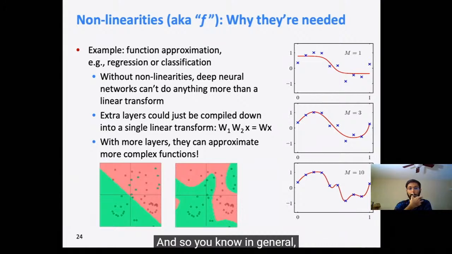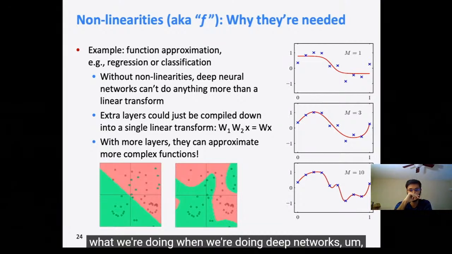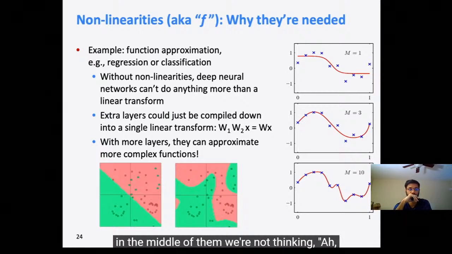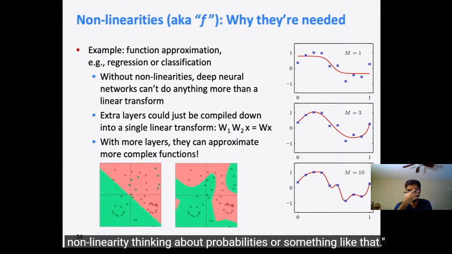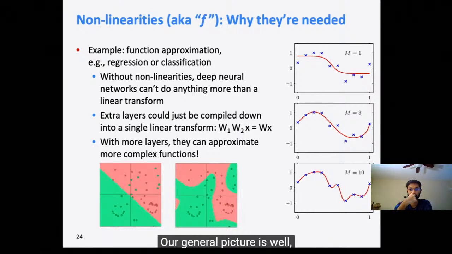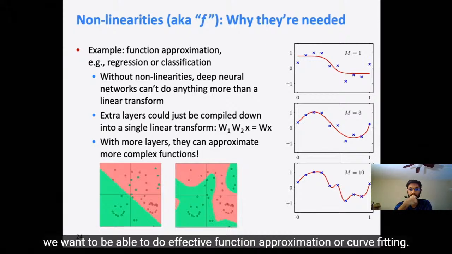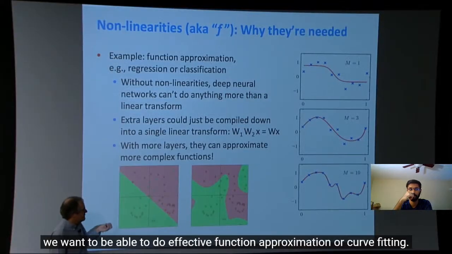In general, what we're doing when we're doing deep networks, in the middle of them, we're not thinking, oh, it's really important to have nonlinearity, thinking about probabilities or something like that. Our general picture is, we want to be able to do effective function approximation or curve fitting.